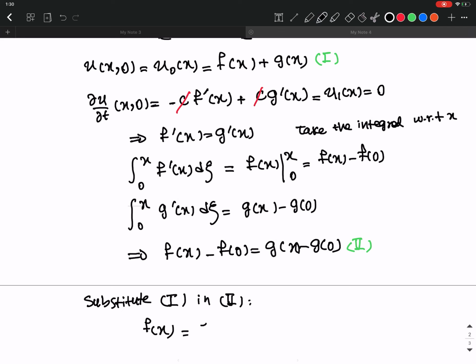we have the first term is f0 minus g0, right? Plus, and instead of g(x), I'm just gonna write u naught, minus f(x). So I'm just gonna get u naught x minus f(x), right?